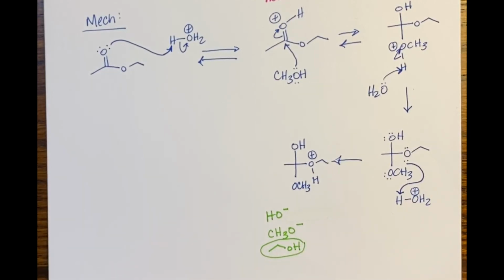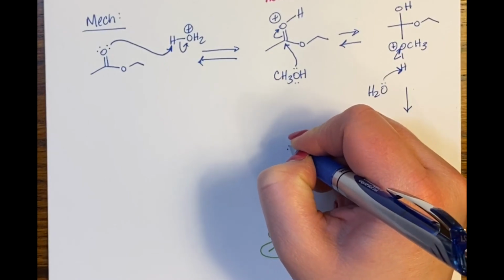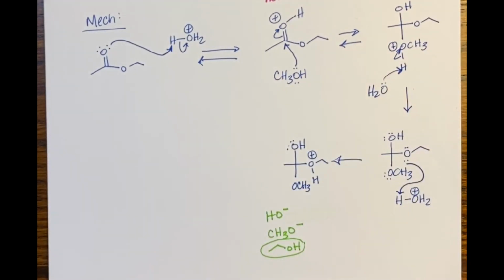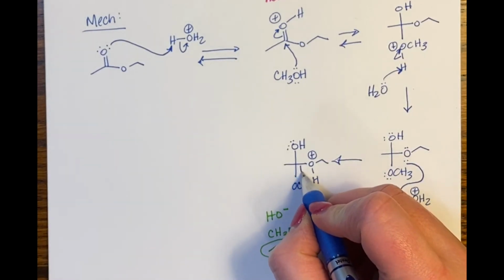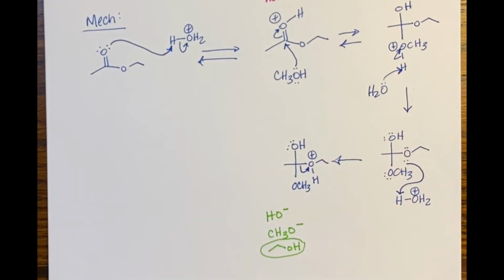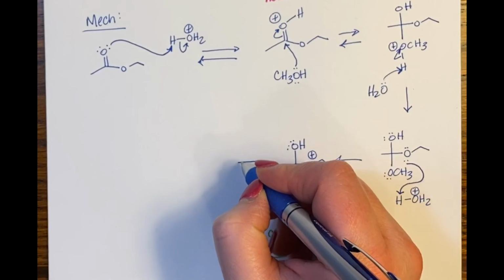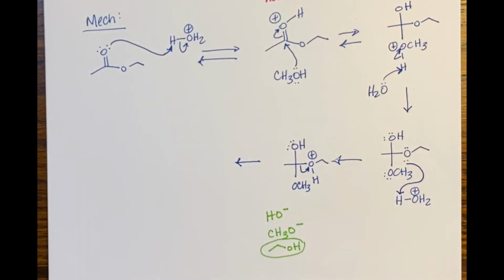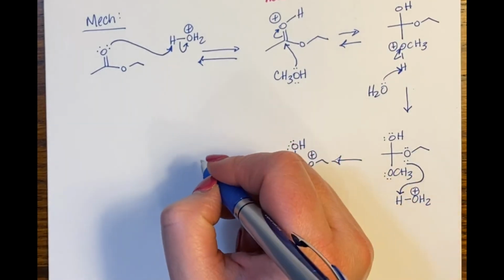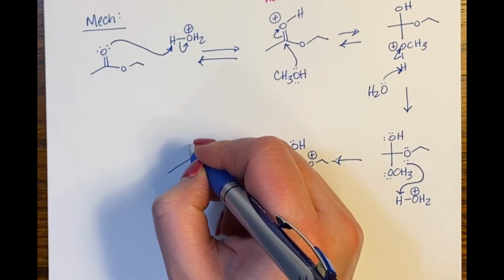So now I can use the lone pairs on this oxygen to help kick out that molecule of ethanol, or the oxygen can simply take its electrons and leave, and either way you show that mechanism is fine. So if the molecule of ethanol just takes its electrons and leaves, similar to what we would have seen with our ether mechanisms way back in the beginning of the semester, the product that I get of that step looks like this.